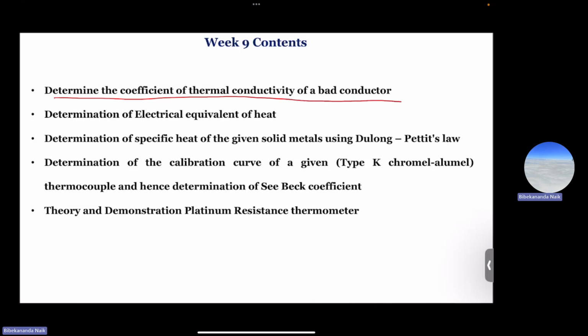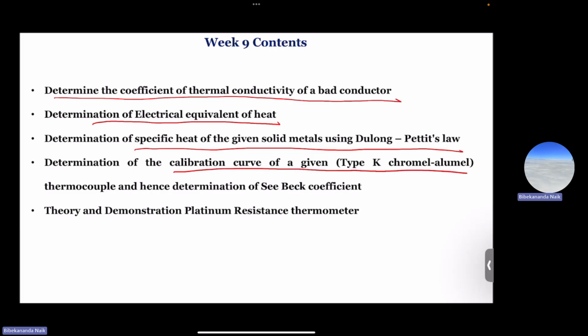Then an experiment on the electrical equivalent of heat, then specific heat of a given solid metal using Dulong-Petit's law, then determination of the calibration curve of a given K-type thermocouple and its Seebeck coefficient, and lastly the theory regarding the platinum resistance thermometer was also discussed as a part of the week 9 lectures.